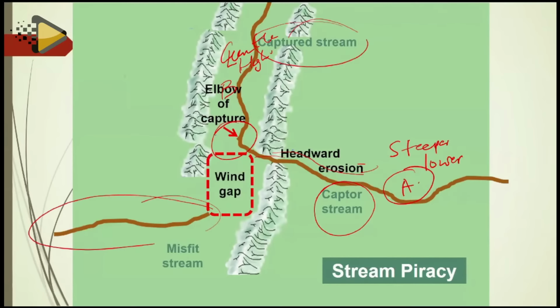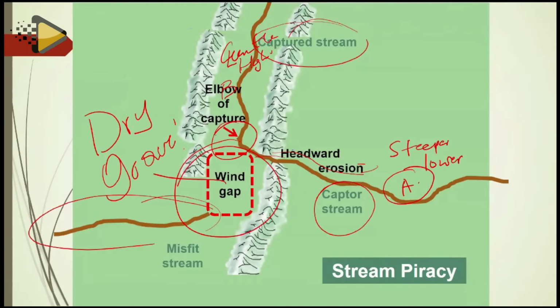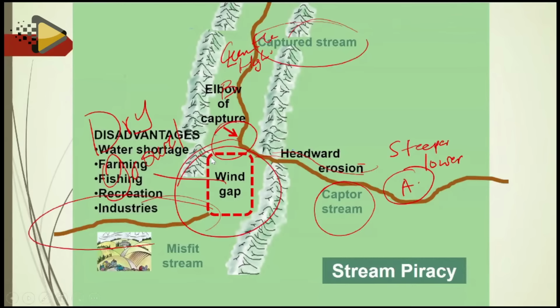This area where the river used to flow, but no longer has water, is dry and has gravel. It is called the wind gap. These are the features of stream piracy.